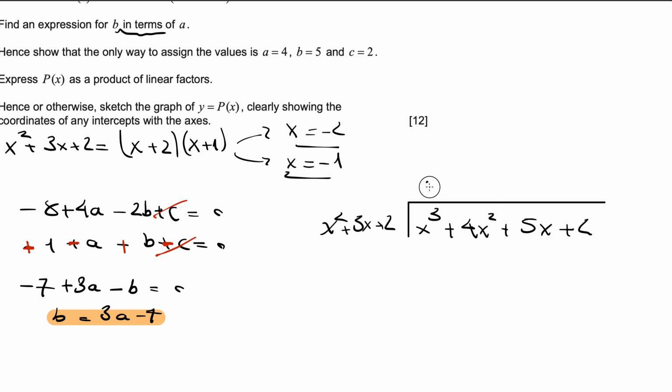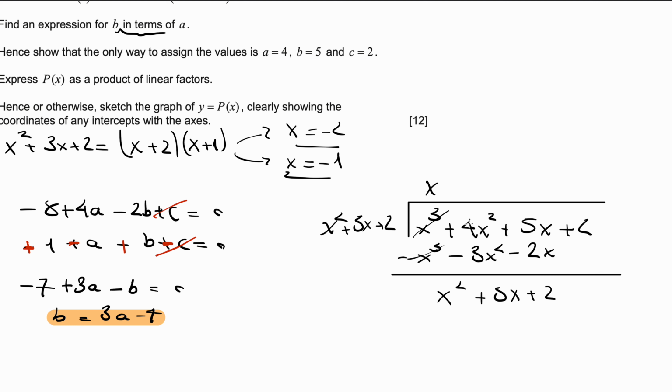So it's going to be x, minus x cubed minus 3x squared minus 2x. The x cubed cancels out and we'll be left with x squared plus 3x plus 2, and then we'll add a 1. That'll give us minus x squared minus 3x minus 2, so these will cancel out as well.